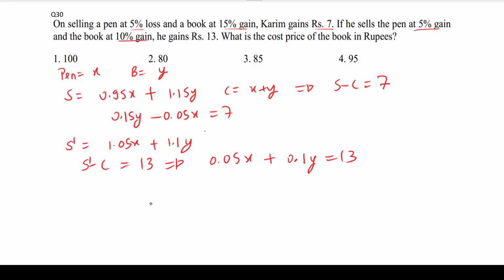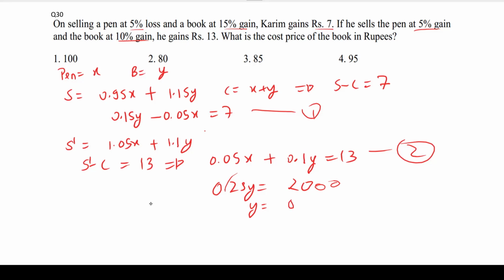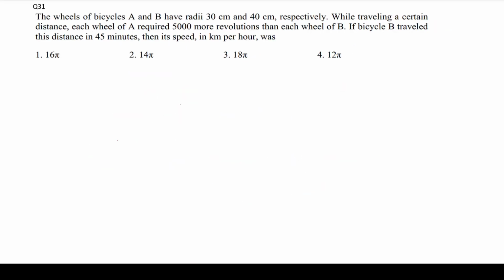So what is the cost price of the book? Now we need to find the cost price of the book. So on adding equation 1 and 2, we'll get 0.25y equals 20. So this will be 80.